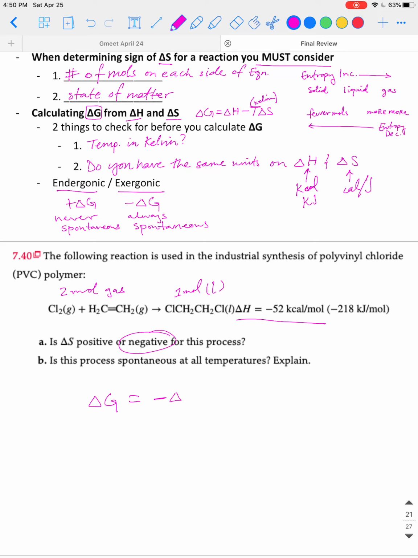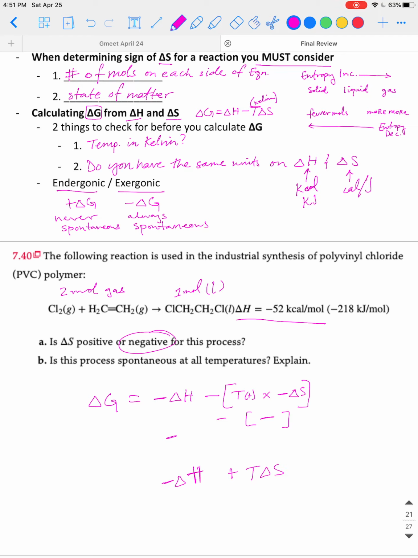If we just plug these signs into our equation, delta G is going to equal a negative delta H minus the temperature, which is always going to be positive, times a negative delta S. So let's look at what's going on with the signs here. Delta H will be negative, but because temperature is positive and delta S is negative, that gives us a negative number in the brackets. But we also have a minus sign out front, and a minus negative makes a positive.